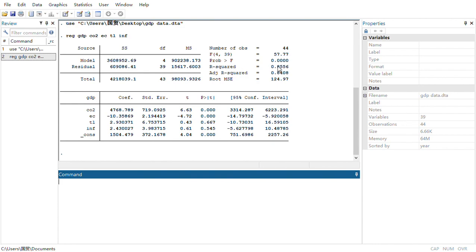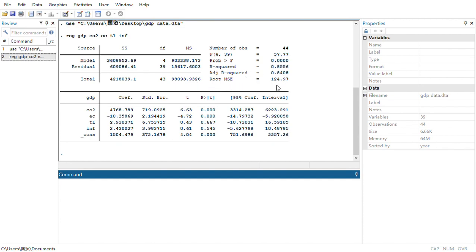From here we can see that our R square is 85%, which is very good, because R square represents the association of these variables with the dependent variable. They have a very high association, and the adjusted R square is 86%.